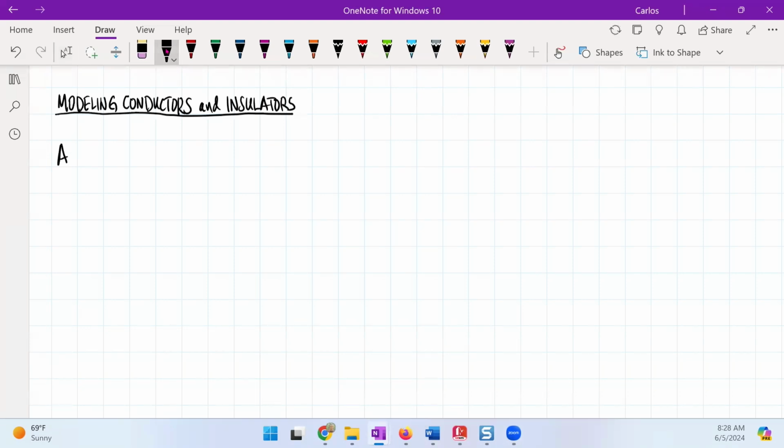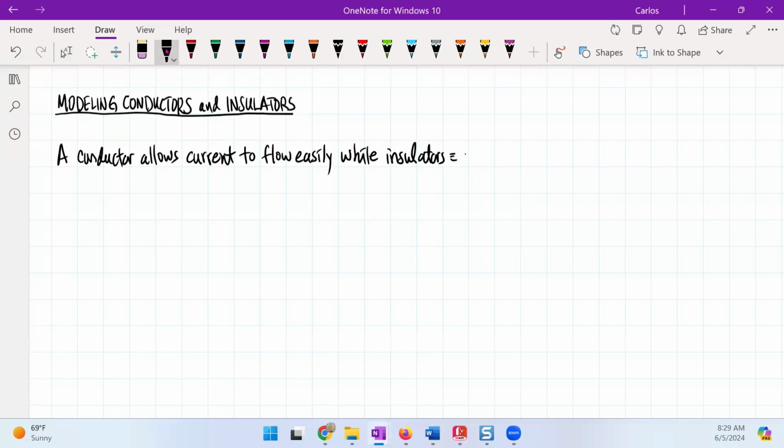A conductor allows current to flow easily, while insulators, which are technically called dielectrics, don't.